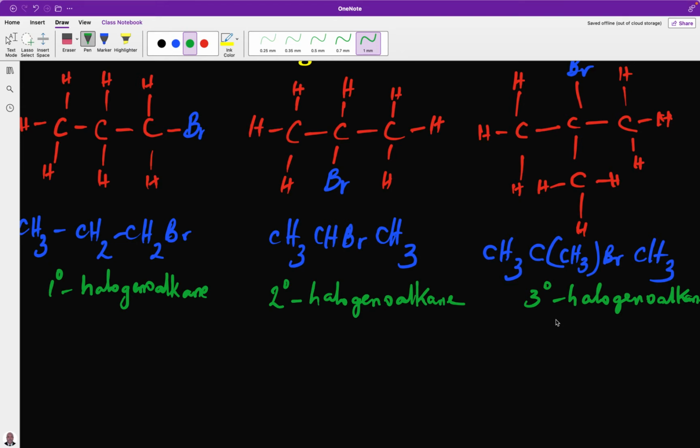Because they are nucleophiles, they are nucleus loving, they like moving towards electron deficient centers, towards species that are positively charged.